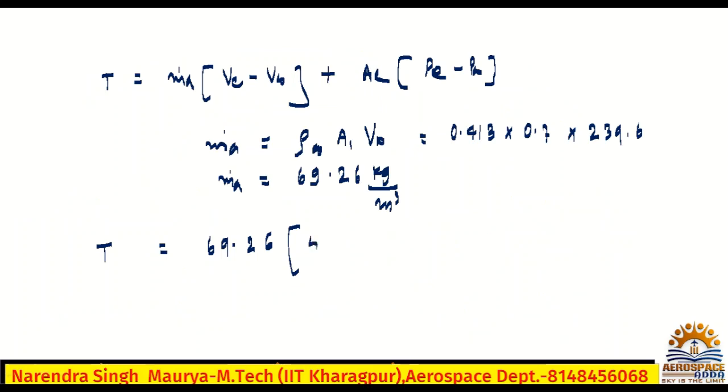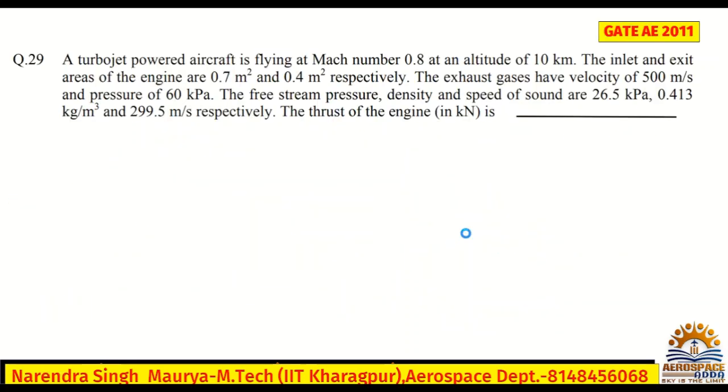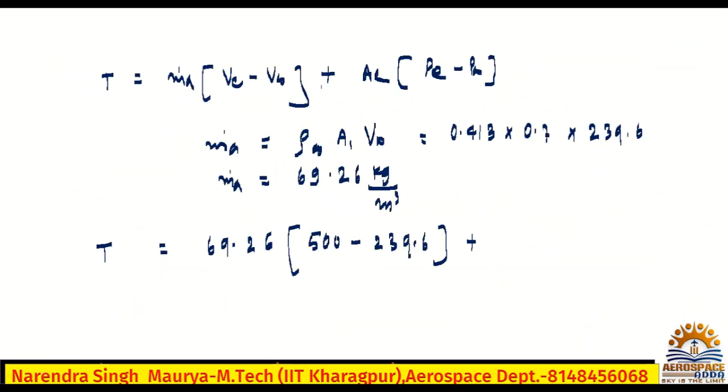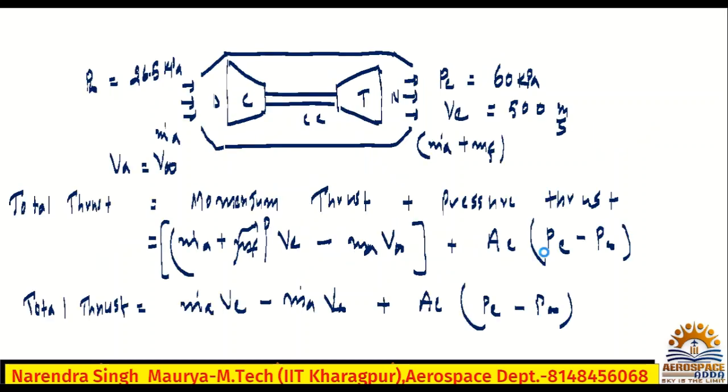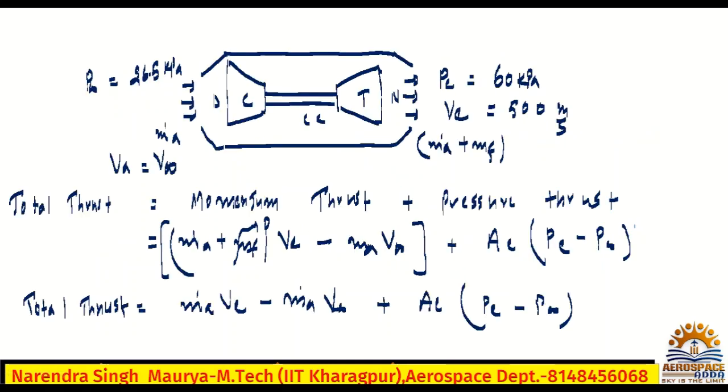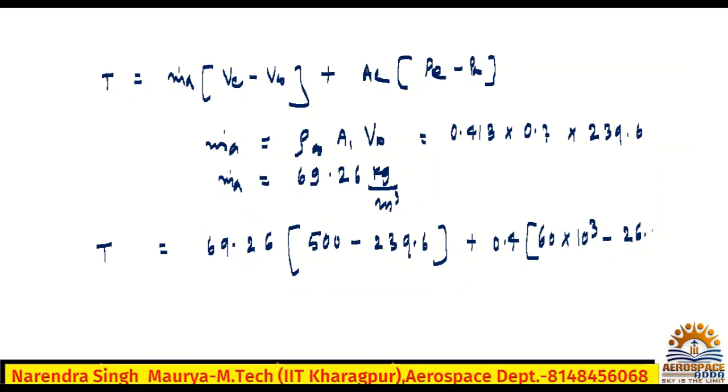Keep here minus V infinity, which you have just calculated, 239.6, plus the exit area, I think they have given, check here, it is 0.4. Take this value 0.4 in bracket, and we need to write the exit pressure. What is the exit pressure? 60 kPa. What is the inlet? 26.5. So 60 kPa, kPa means kilopascal, 10 to the power 3, minus 26.5 into 10 to the power 3.